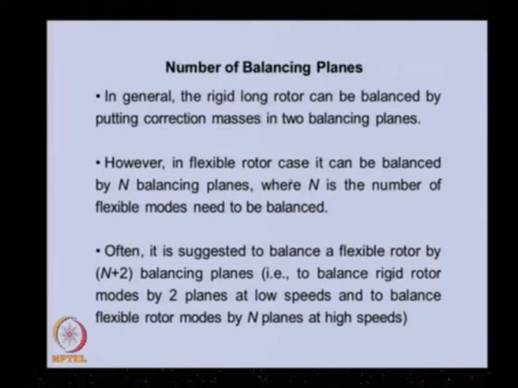The total number of balancing planes will be the summation of these, that means n plus 2 balancing planes will be required. So 2 planes will be required at slow speed and n planes at high speed. In total, n plus 2 balancing planes will be required to balance a flexible rotor over the whole range of operating speed.